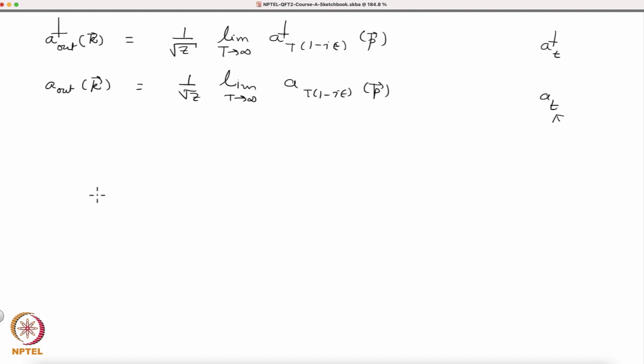Because I am talking about t going to infinity, you have to repeat similar arguments as we did for a in, and convince yourself that indeed what I am claiming is true.